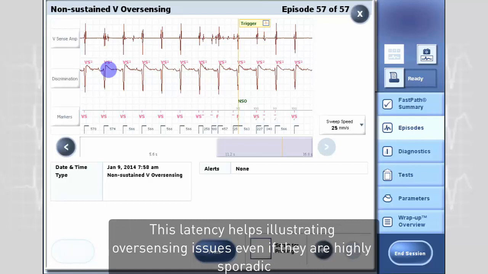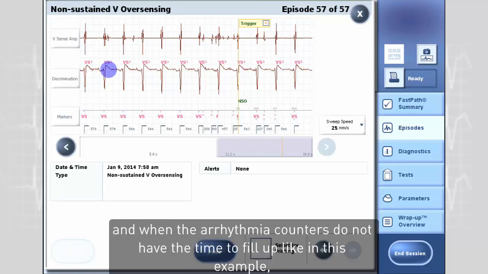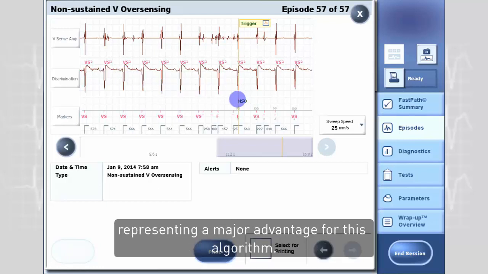This latency helps illustrate oversensing issues even if they are highly sporadic, and when the arrhythmia counters do not have the time to fill up, like in this example, representing a major advantage for this algorithm.